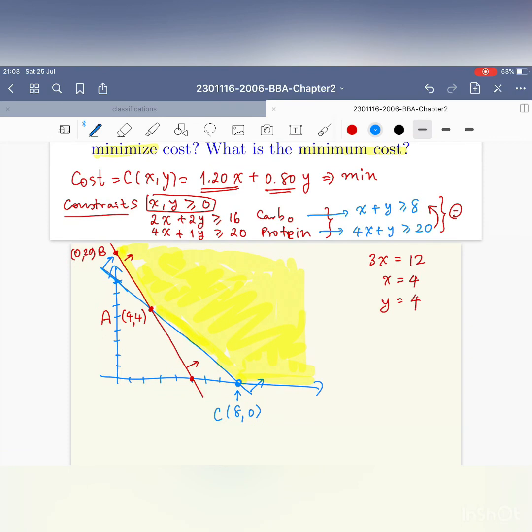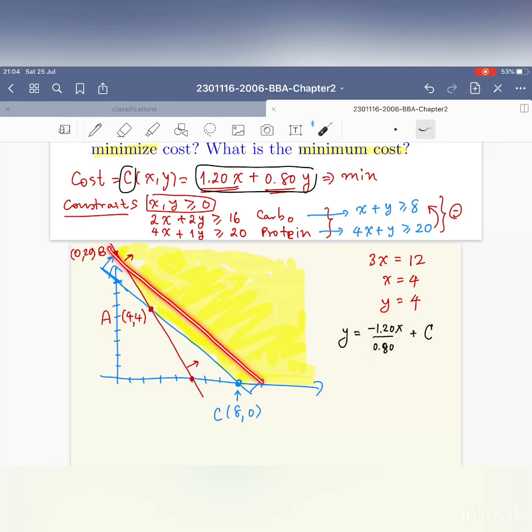And the cost, the objective, let me rewrite it a little bit. It is Y equals to negative 1.20X over 0.80 plus C, the cost here, over 0.80 as well. So it means that your slope is negative, so it's going to be something like this.